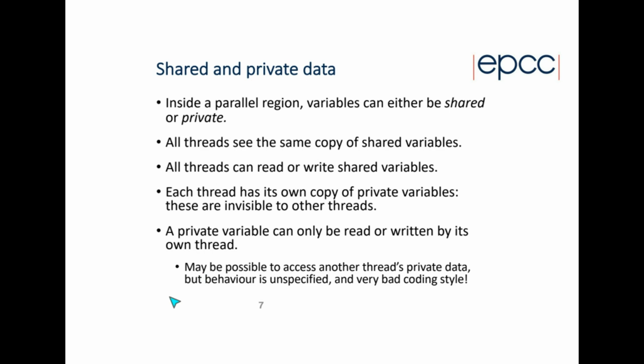In practice, it may be possible to access another thread's private data, and there isn't really anything stopping you doing that. So, for example, one thread could take a pointer to a private data object, store that in a shared variable. Another thread can read that pointer and then try to dereference it and access the associated storage.